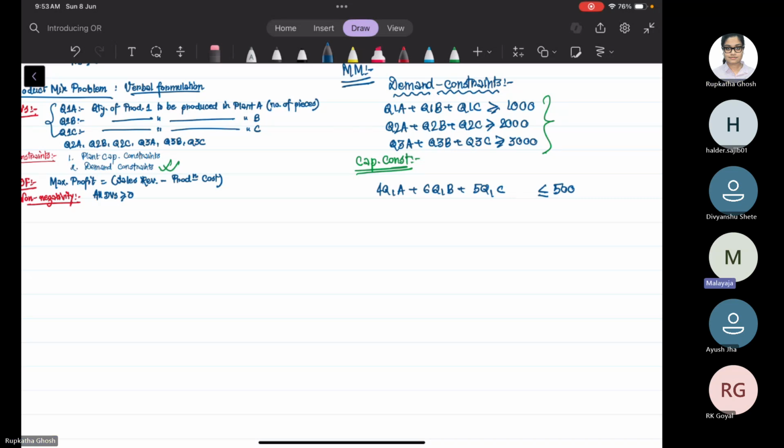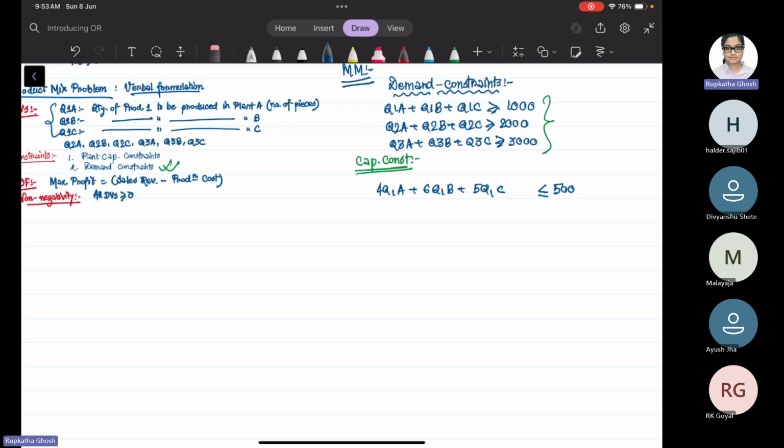It should be 3 Q2A and 2 Q3A, right? No, we are only talking about product 1. For product 1, the production rates per hour at plants A, B, and C are 4, 6, and 5. I'm just saying there is a problem in this constraint.